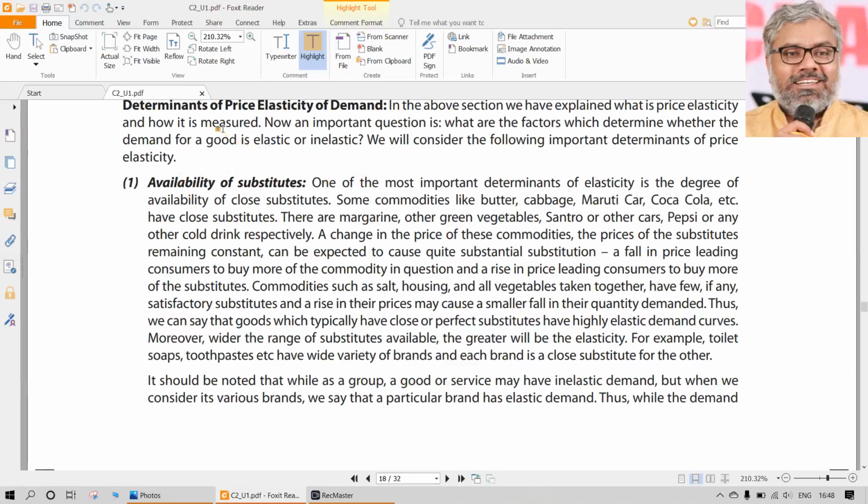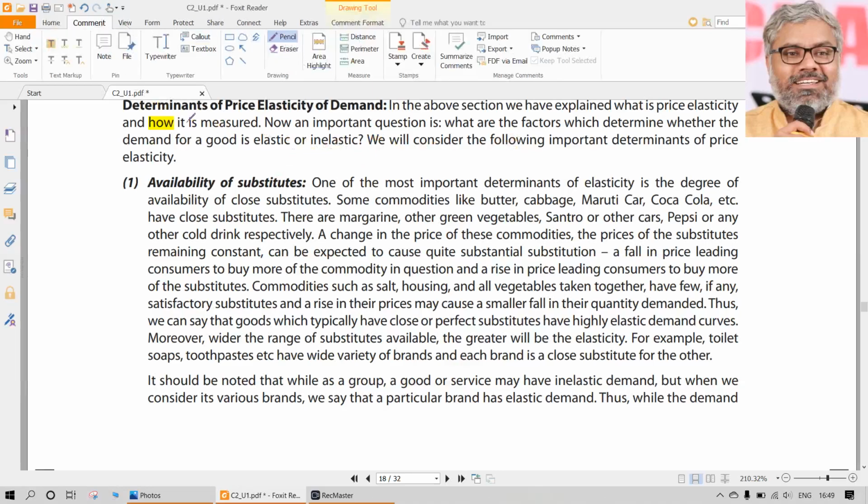That is what we calculated earlier by using the formula. But now what we are going to understand is why this price elasticity of demand occurs in the first place. What we already understood is how, how to measure the price elasticity of demand.